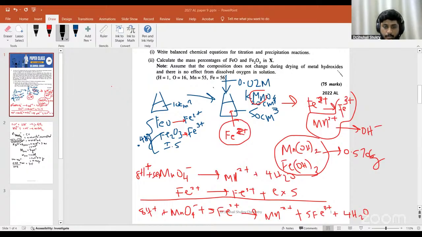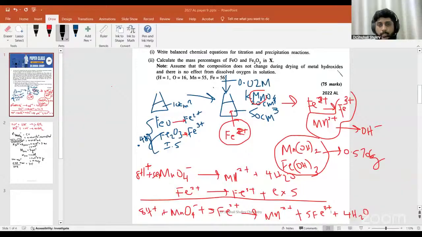If you know the Fe(OH)3 mass, you can find the Fe(OH)3 moles. If you know the Fe(OH)3 moles, you can find the Fe2O3 moles, right? So you have to go in that way.